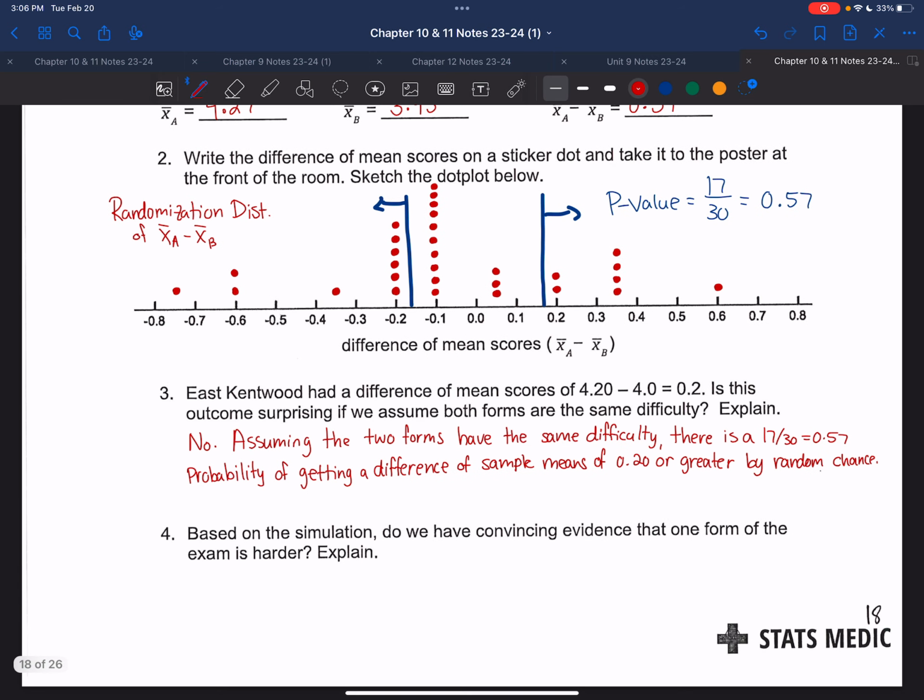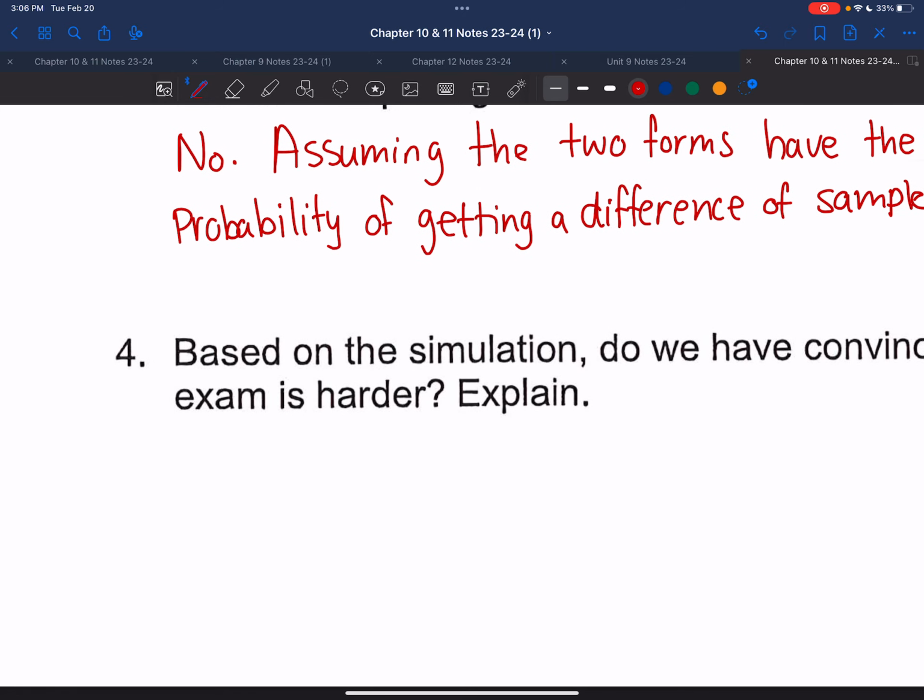And then number 4 says, based on the simulation, do we have convincing evidence that one form of the exam is harder, and explain? Now, a p-value of 0.57 doesn't really bode well for the alternative, right? That means it's very common for that to happen. So no, since 0.57 is greater than 0.05, we fail to reject the null.